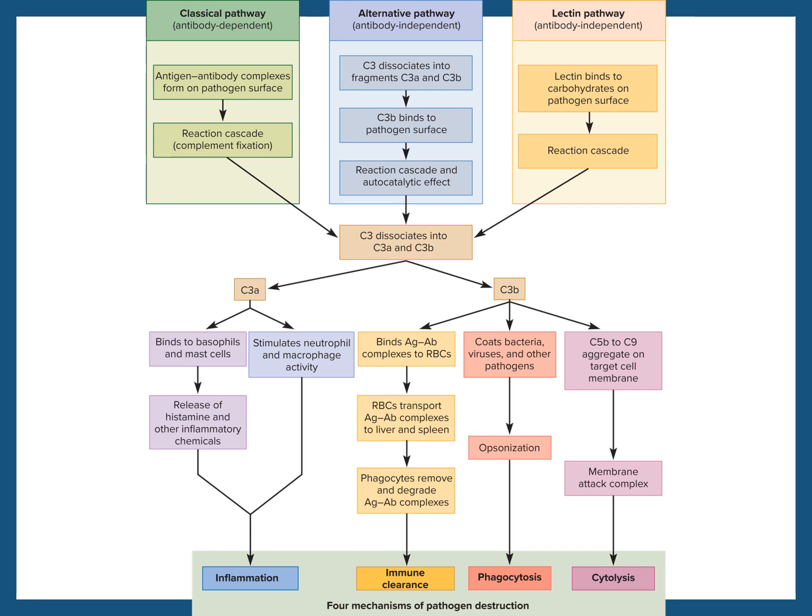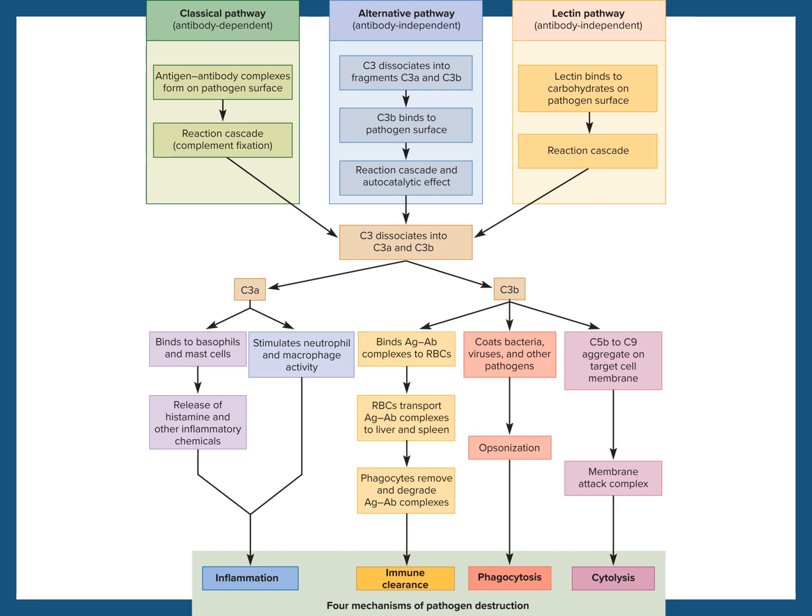And this will trigger a reaction cascade, this time with an autocatalytic effect in which C3b leads to the accelerated splitting of more C3 and therefore production of more C3b. That more C3b will cause more of the C3 to get broken down, making more and more C3b.